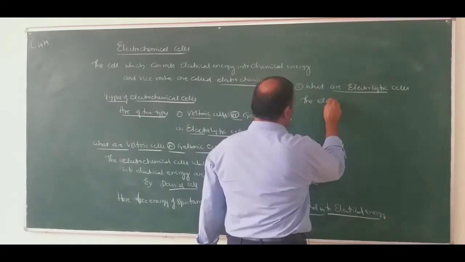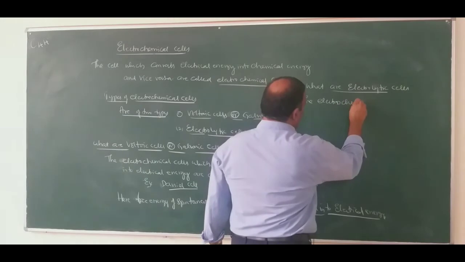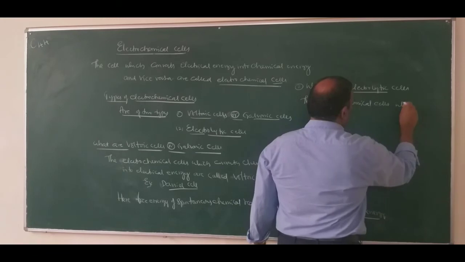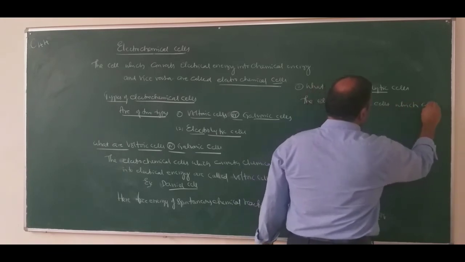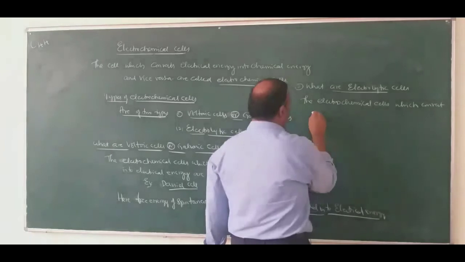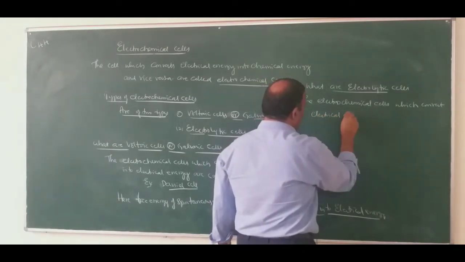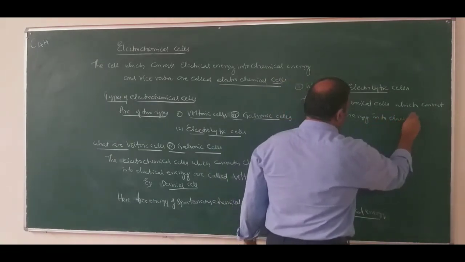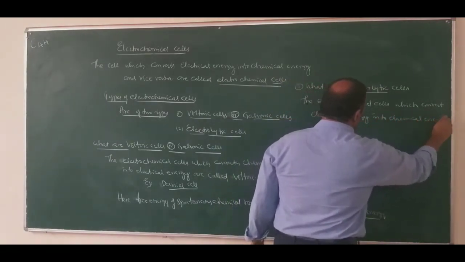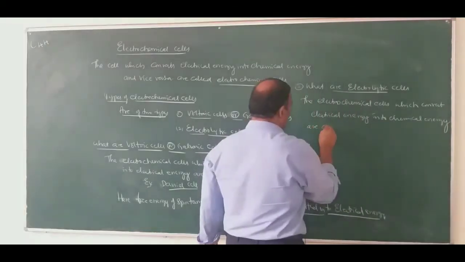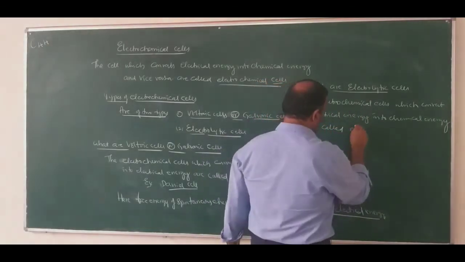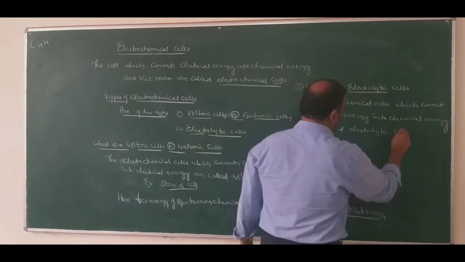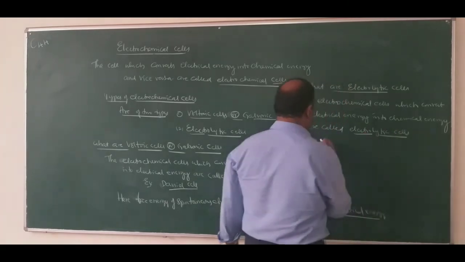The electrochemical cells which convert electrical energy into chemical energy are called electrolytic cells.